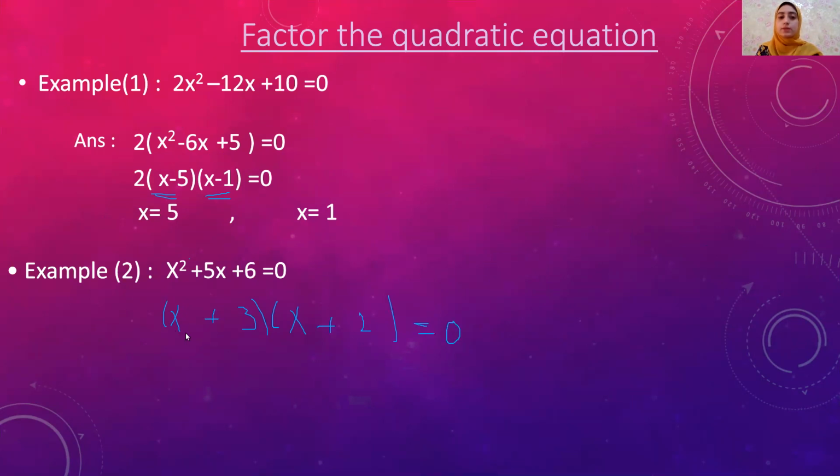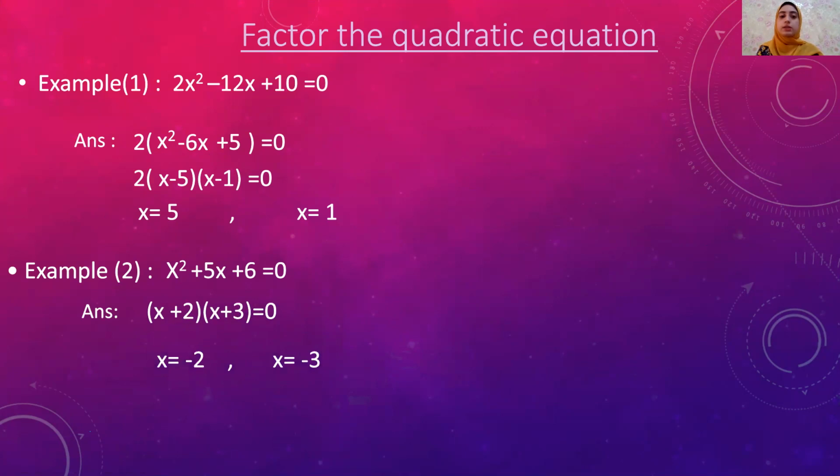Of course, what makes this value equal 0 is when x equals negative 3, and here when x equals negative 2. Let's check this. x plus 2, x plus 3. So x equals negative 2, x equals negative 3.